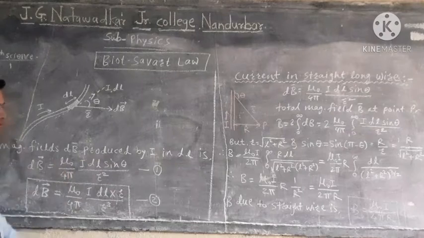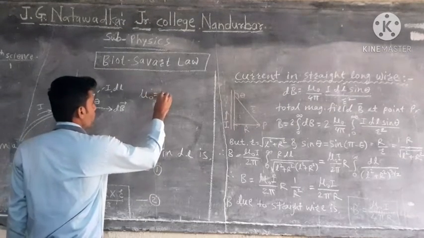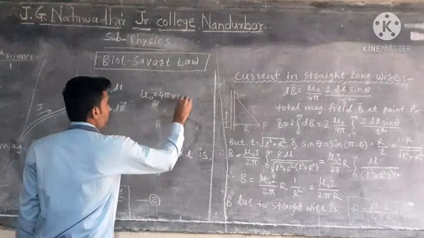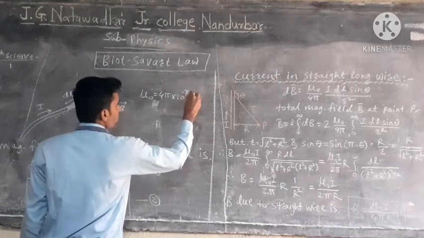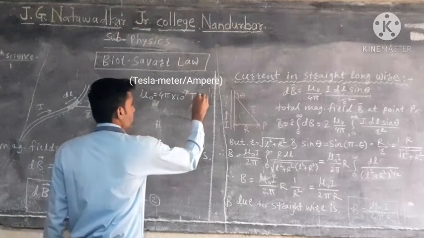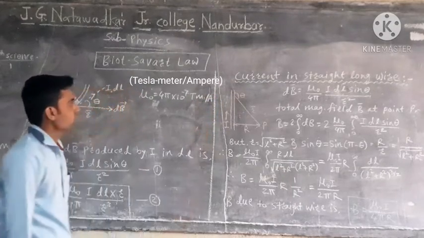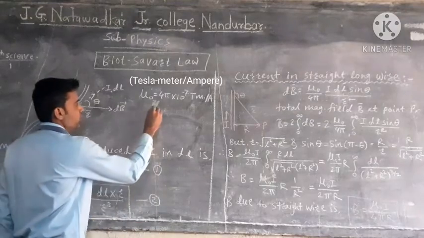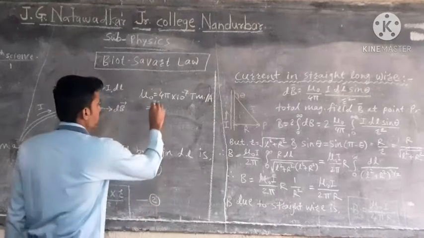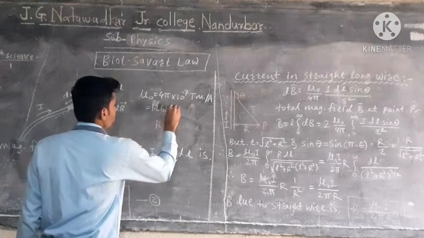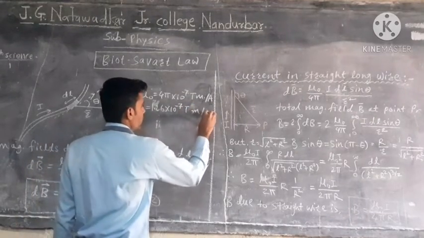Mu 0 is a constant, given by 4 pi into 10 raised to minus 7, and the unit simplifies to 1.26 into 10 raised to minus 7 Tesla meter per ampere.